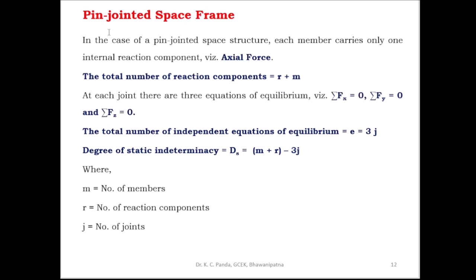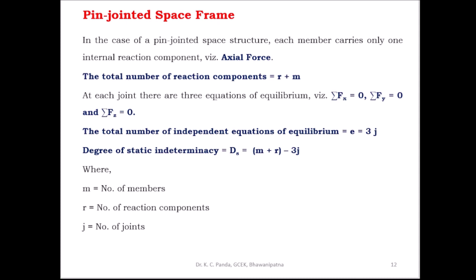Then coming to the pin jointed space frame, or space truss, or 3D truss, how do we find the degree of static indeterminacy using the second approach? In the case of a pin jointed space frame, each member carries only one internal reaction component, that is axial force.